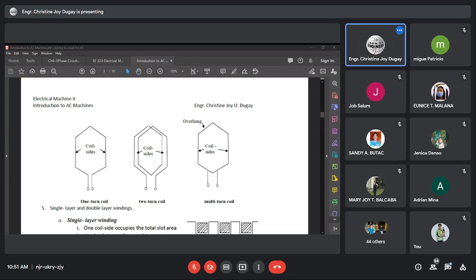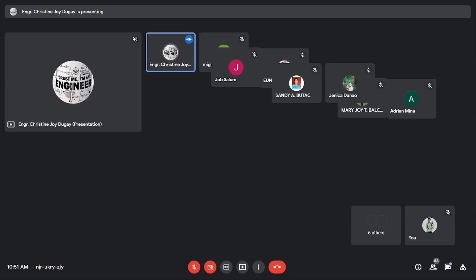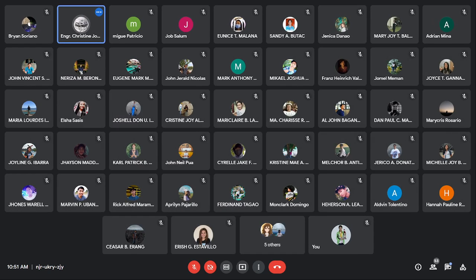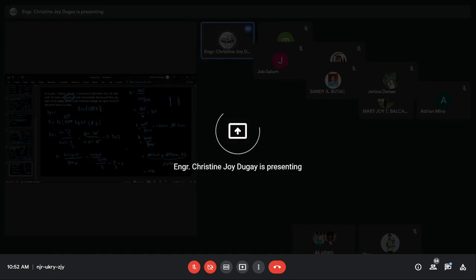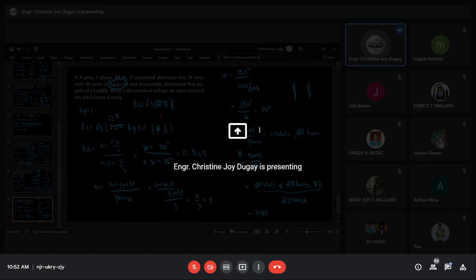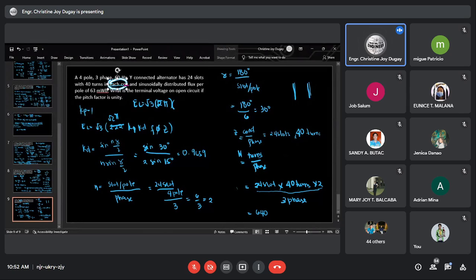Let's see from the provided problem, ang sabi sa problem natin is A 4-pole 3-phase 60 Hz Y connected alternator has 24 slots with 40 turns in each coil.